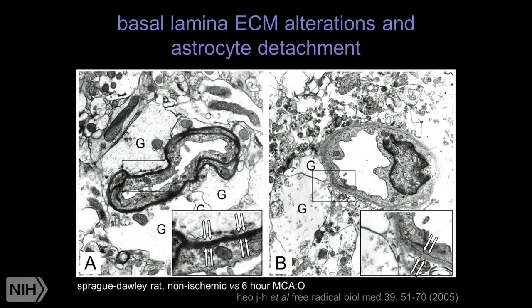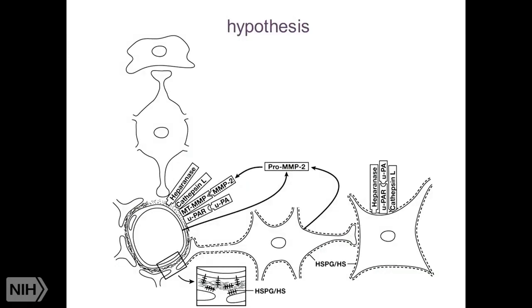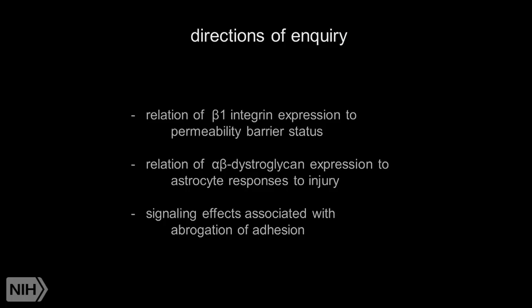So this leads to the next question of how these are expressed, and this is a hypothesis, a cartoon based on data from our group that demonstrates the co-expression of heparinase, cathepsin L, which I'll allude to a little bit later, pro-MMP2 and urokinase and its receptor on both neurons and on the vasculature, suggesting that for some reason yet unknown, these two structures, the neuron and the endothelial portion of the microvessel, rather express these compounds.